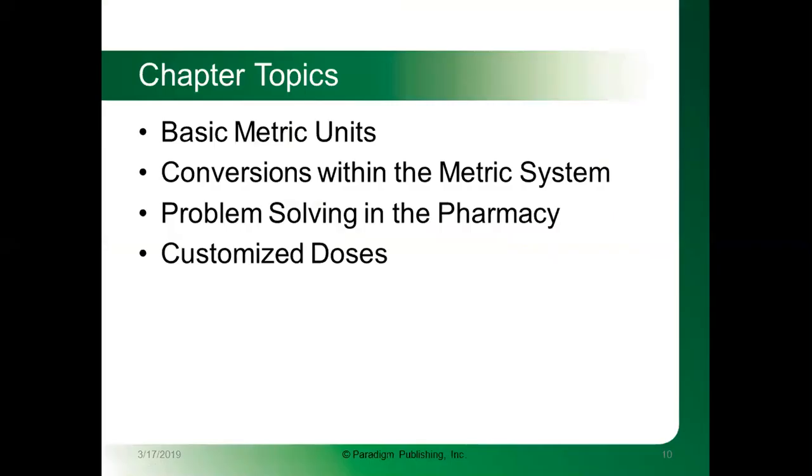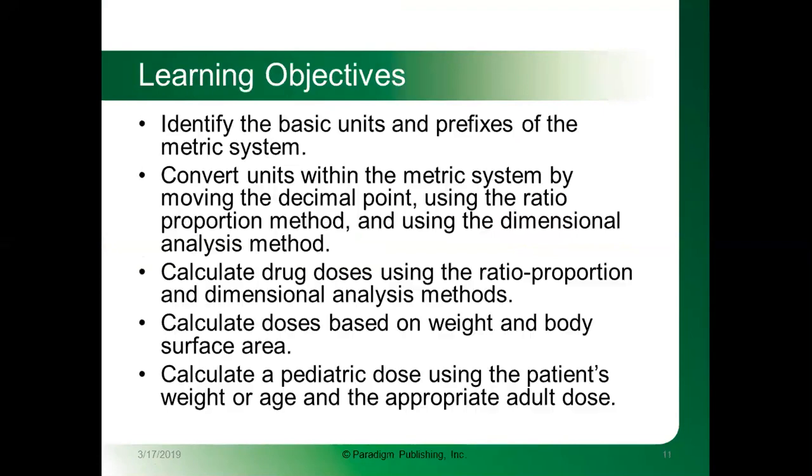Our topic for this section is conversions within the metric system. Our learning objectives are to convert units within the metric system by moving the decimal point, using the ratio proportion method, and using the dimensional analysis method.